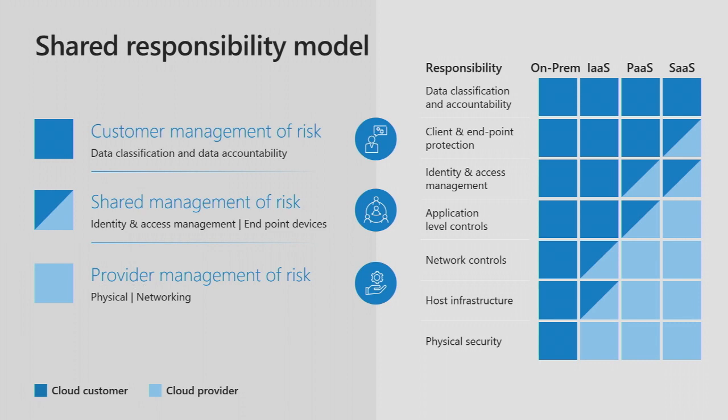This is a comparison that shows how the responsibility shifts when you move from an on-prem system model to a software as a service model. The responsibility of the cloud provider really increases. So when you use Office 365, for example, or Azure, or Dynamics from Microsoft Cloud, these are examples of software as a service.